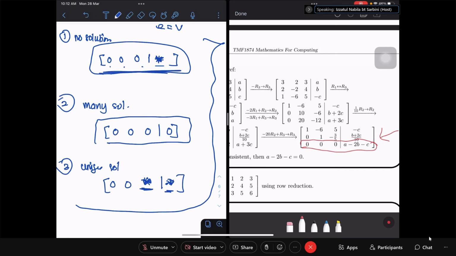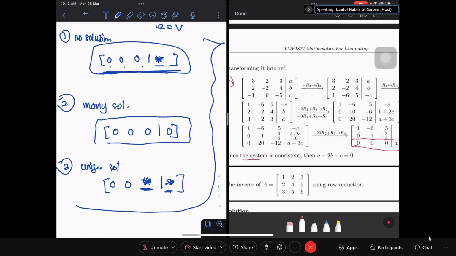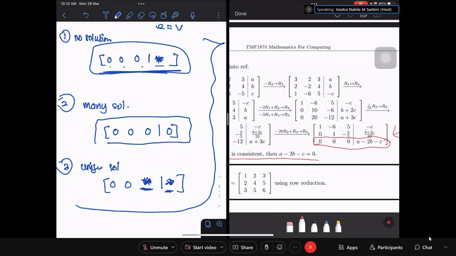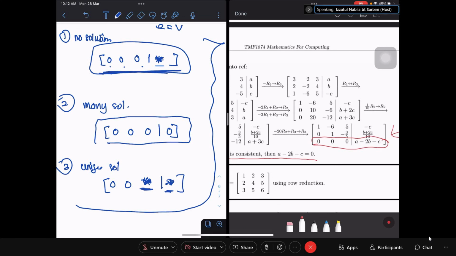The only way you can make this system consistent is when a minus 2b minus c becomes 0. So the system will be consistent when a minus 2b minus c equals 0. It will have many solutions, right? It must be 0, 0, 0, 0. Okay, it will have many solutions. So as long as a minus 2b minus c is equal to 0, then this system will be consistent.